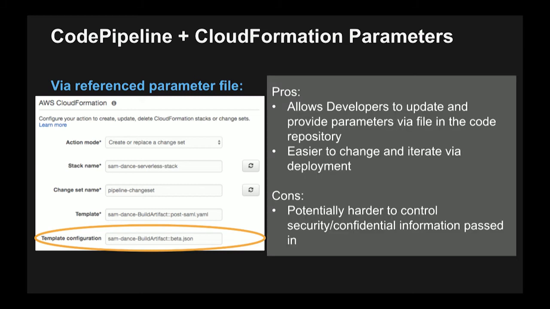So pros for the first over here on your left is, this allows developers then to own these variables so they can control what's going on with them, what they have, what they are. So it can be really easy to iterate then based on a deployment. Potential cons, again, is that it's a little harder to control security or confidential information. And you run the risk of having to think about how you check that file for accuracy as well.